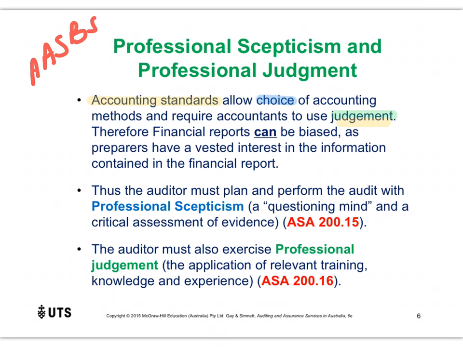But the problem is, guys, that it's these same choices that can potentially lead to management and the accountants manipulating the choice in a way that results in the financial reports being biased, presented in a way that serves the interest of management or the preparers of that information rather than truly representing the reality of the business itself.